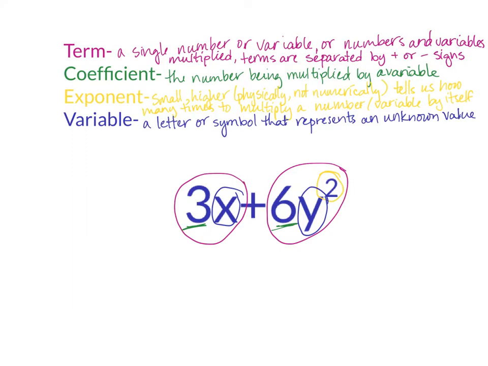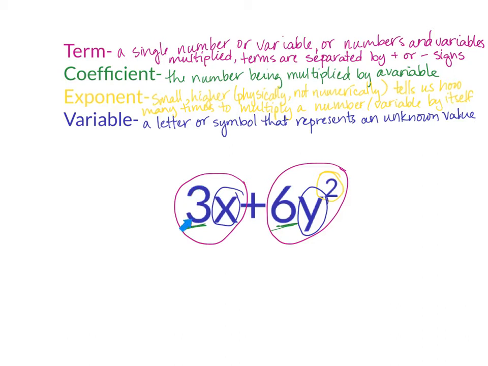I decided to do this after and didn't want to re-record, but here are the different actual definitions. A term is a single number, variable, or numbers and variables multiplied. Terms are separated by plus or minus signs. So one term, another term. Coefficient, the number being multiplied by a variable.